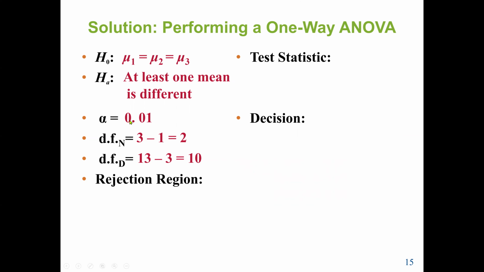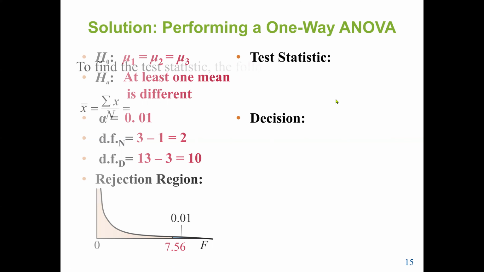If I know alpha, the degree of freedom for the numerator, and the degree of freedom for the denominator, then I can find the critical value. You go to the F table, and the critical value will be 7.56. So if it's 7.56, then I will look for my test statistic.